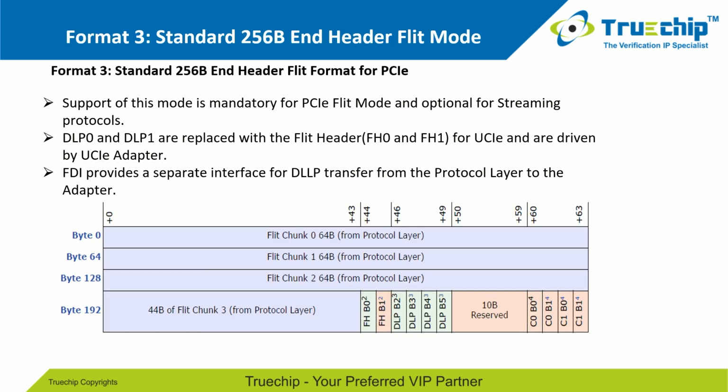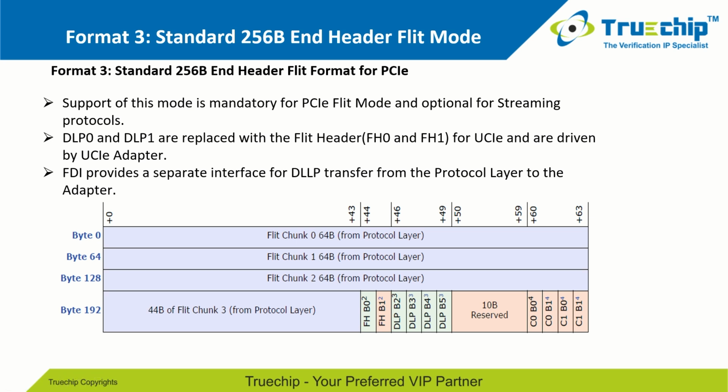This is format 3, which is named the standard 256 byte end header Flit format, and this particular format is for PCIe. This mode is mandatory for PCIe and optional for streaming protocols. Now the DLP0 and DLP1 are replaced with the Flit header for UCIe and are driven by the UCIe adapter.